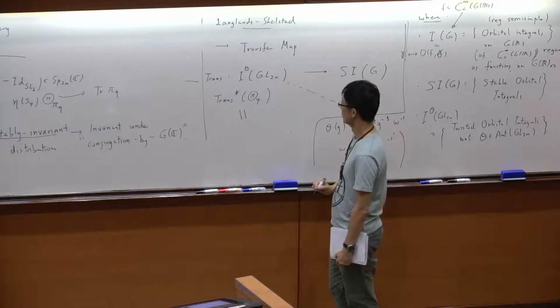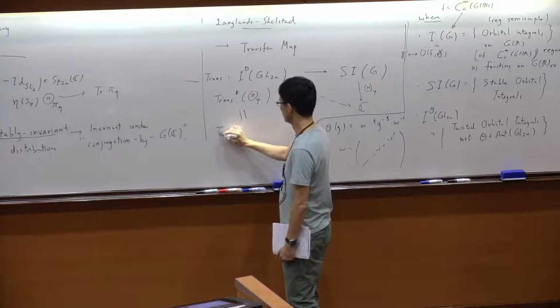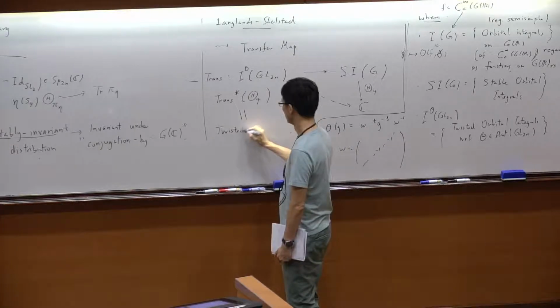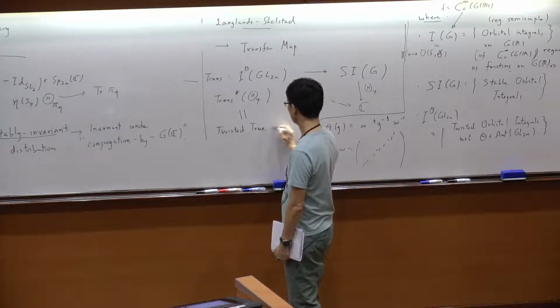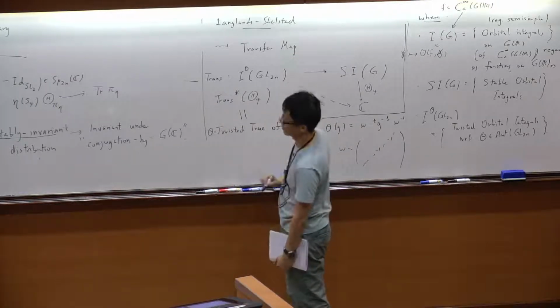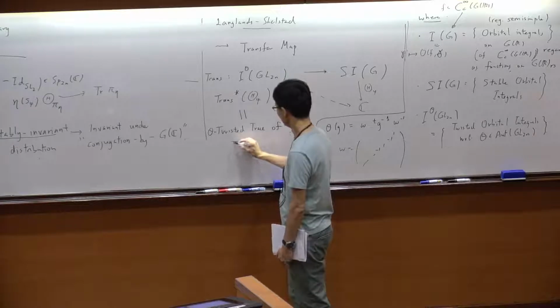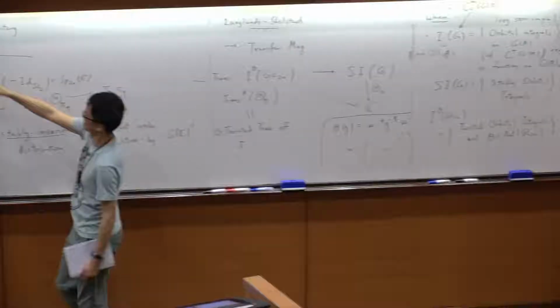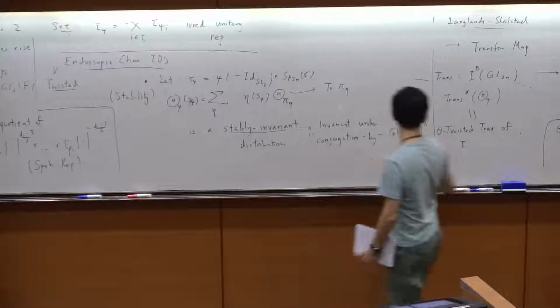What is this? It is equal to the theta twisted trace of this representation that we defined earlier on GL.